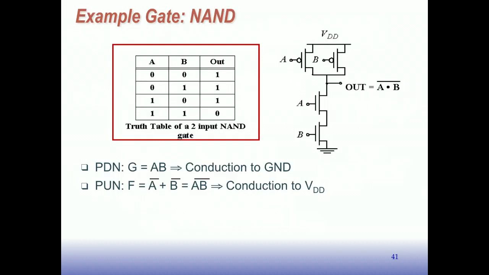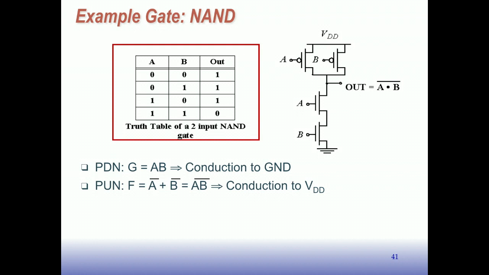The NAND gate is an example of that. All right. So to remind you of the truth table for NAND, here's the enumeration here. We have 4 possibilities. The output is a 0 if and only if A and B are both 1s. Right. So we achieve that here. We want the output to be a 0 if both A and B are 1.